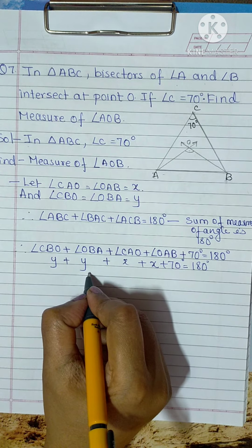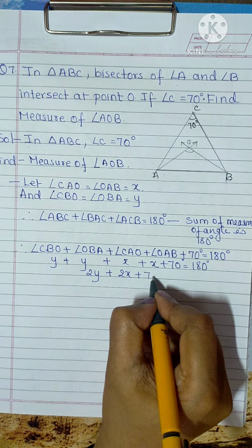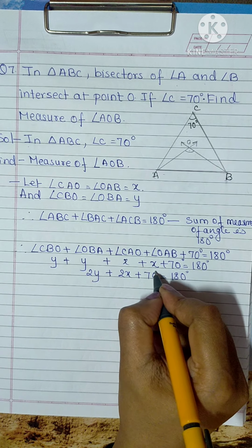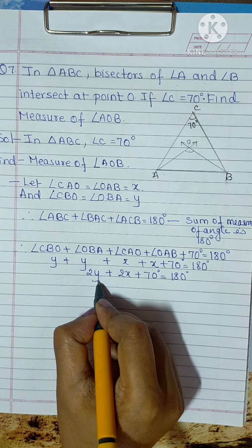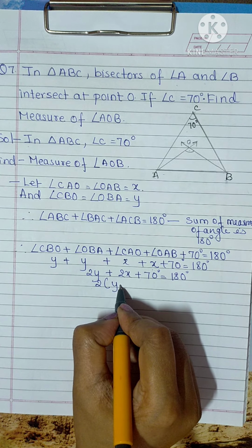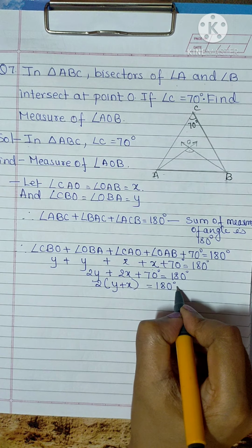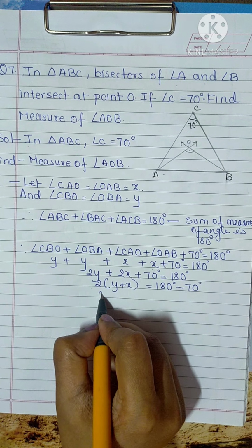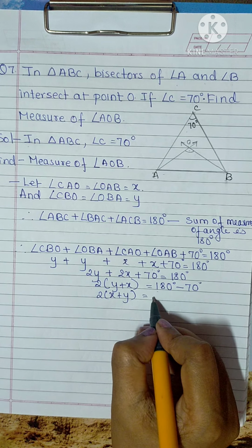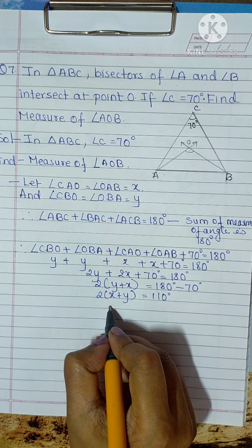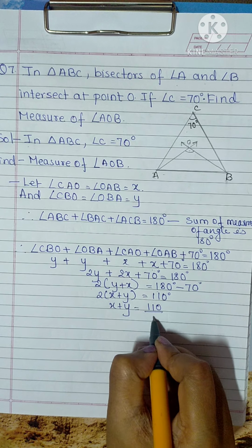Now we get 2Y plus 2X plus 70 equal to 180 degrees. Taking 2 common, X plus Y equal to 180 minus 70, so X plus Y equal to 110 upon 2.